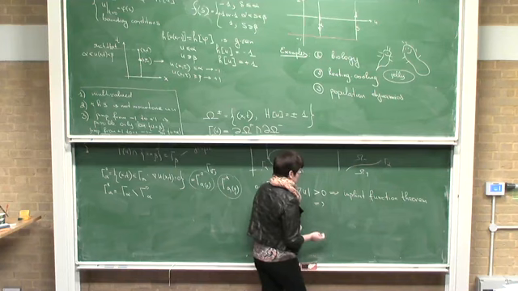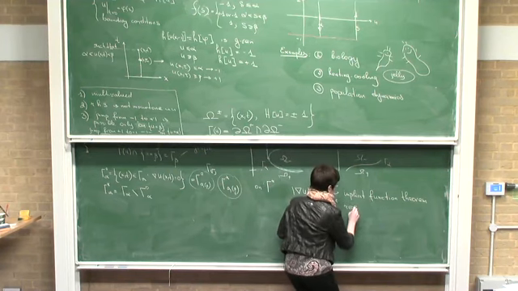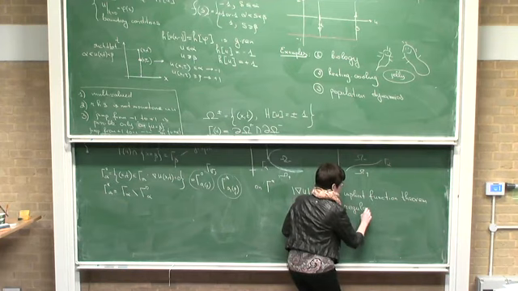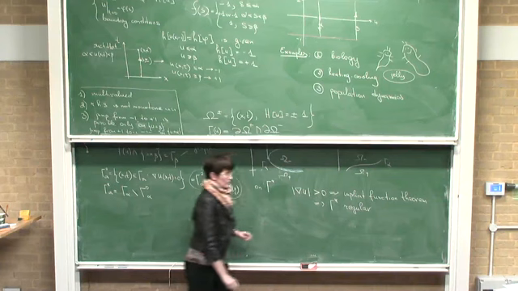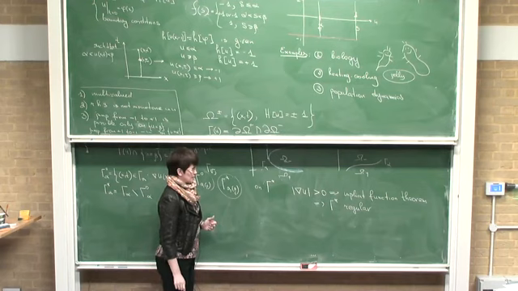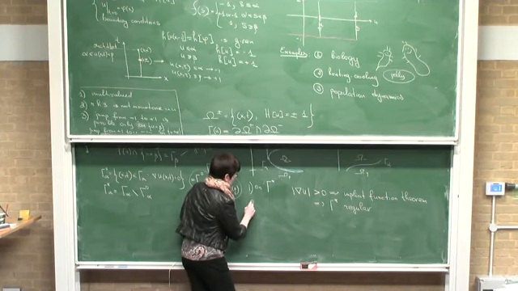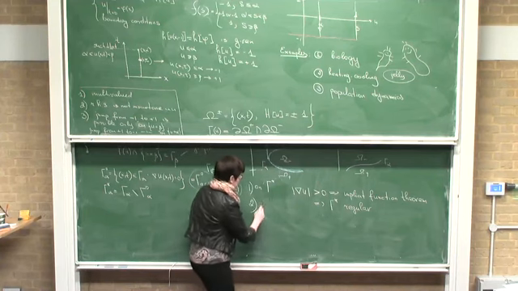And then immediately get that gamma star is regular. Okay. What's more? It's a first. What is the second?